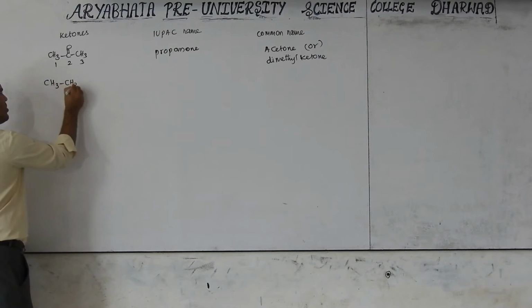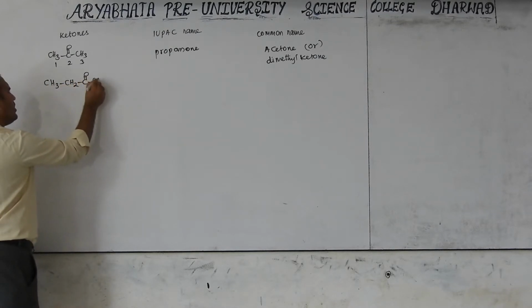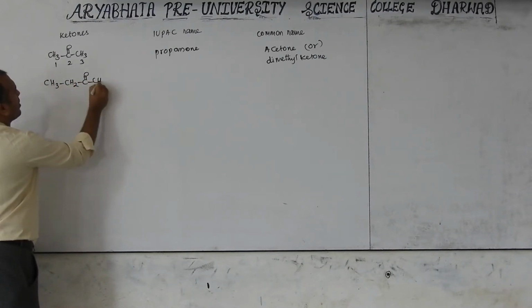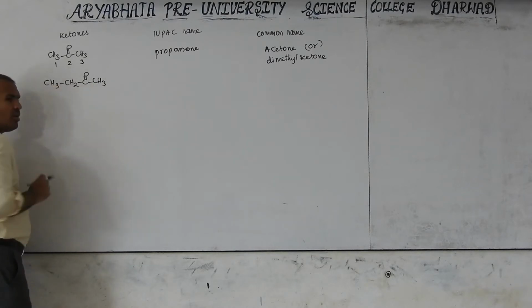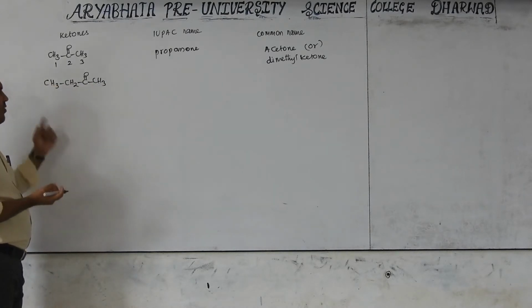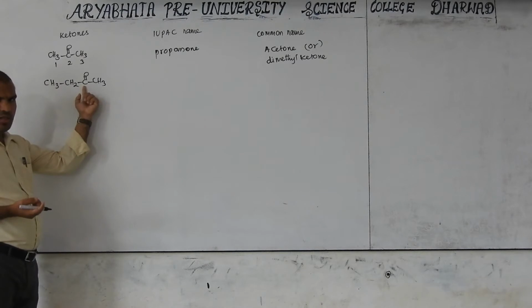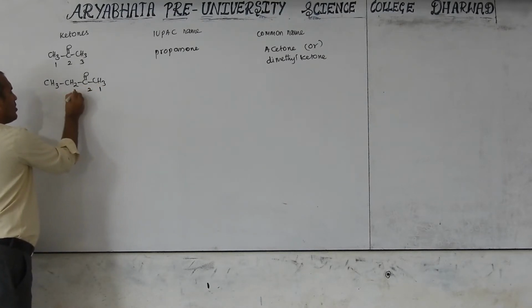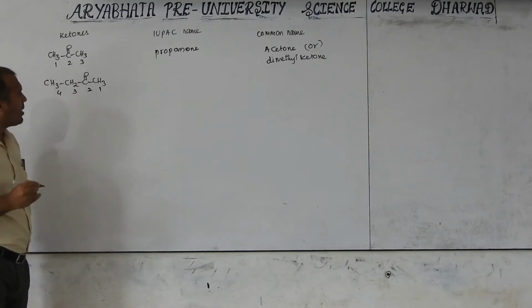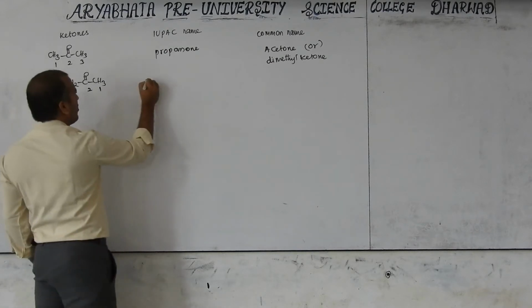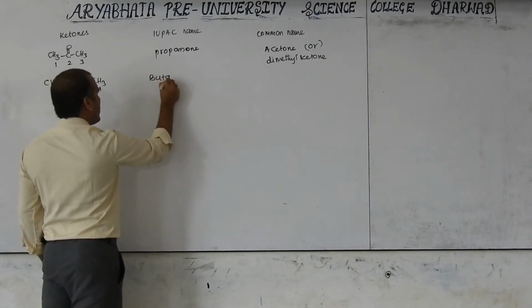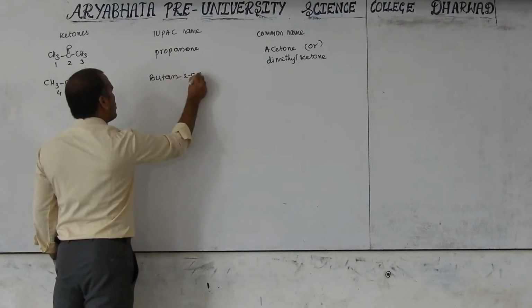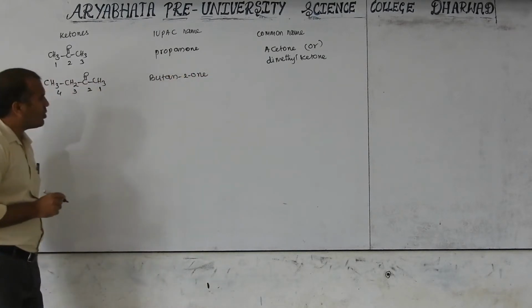Next, increase one carbon: CH3, CH2, C double bond O, CH3. Total 4 carbons, 1, 2, 3, 4. Numbering left to right gives the third position, right to left gives the second position. So this is the correct numbering. Total 4 carbons, it is butan-2-one.